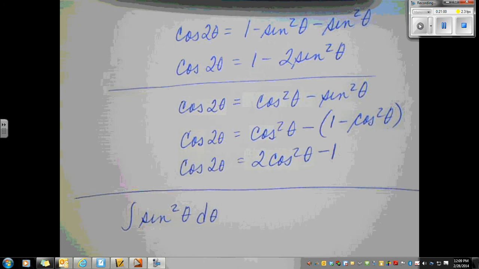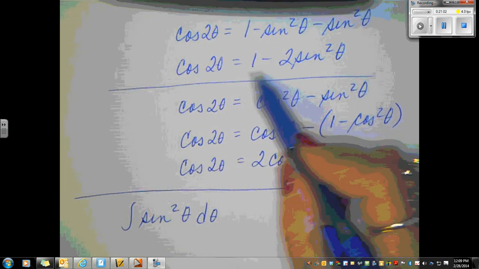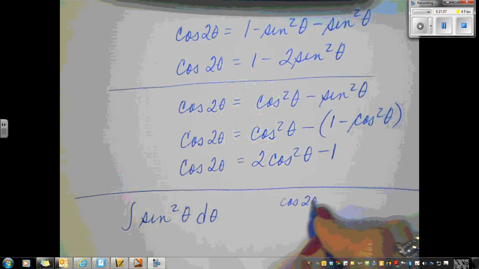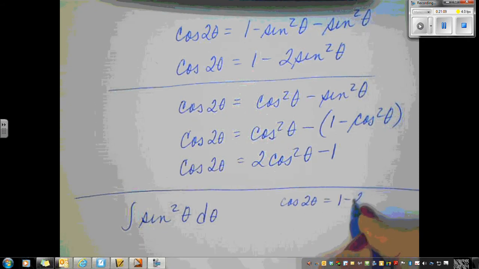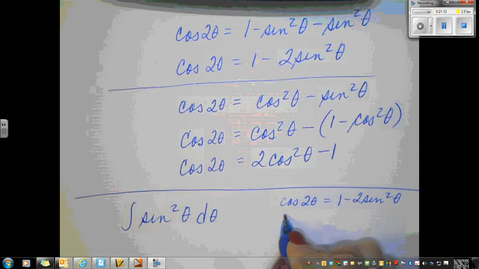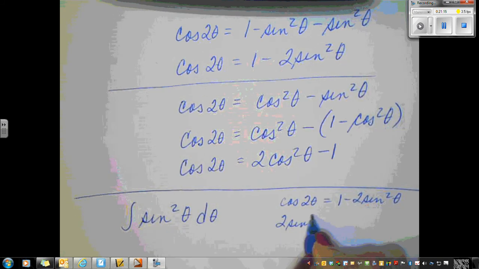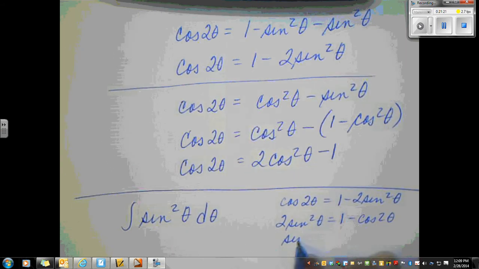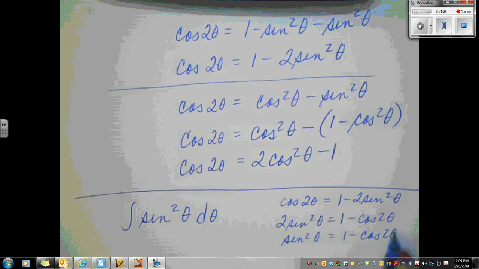Okay, I know that cosine 2 theta equals 1 minus 2 sine squared theta. So, 2 sine squared theta equals 1 minus cosine 2 theta. Sine squared theta equals 1 minus cosine 2 theta divided by 2.